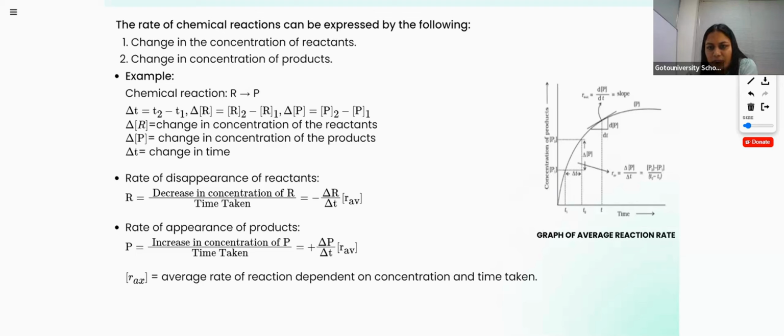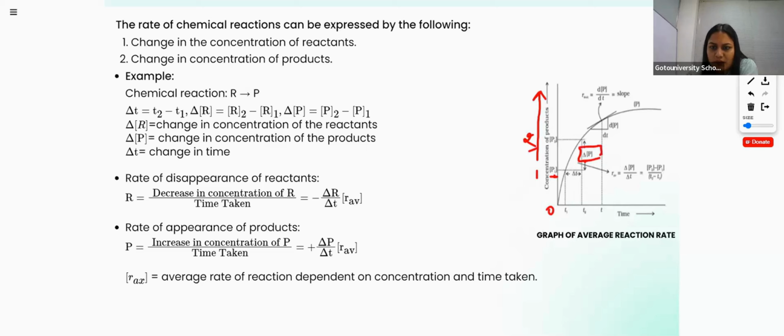The concentration of product was less, say 1, and it is continuously increasing as the reaction goes on. As you can see here, the P1 molar concentration has increased from 1 to 2.